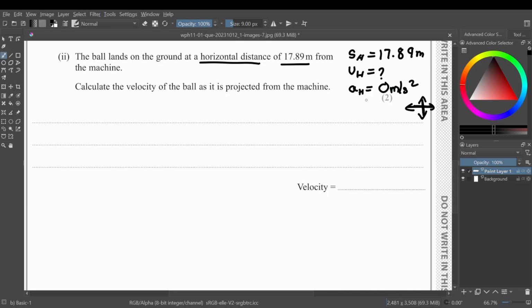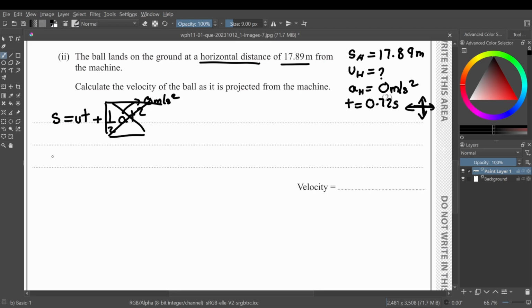Okay, so now we have time, which is basically 0.72 seconds. So from this information we can use the formula S is equal to ut plus 1 by 2 at square, right? Since the acceleration is 0 meter per second square, we can cancel this out, and then we are left with S is equal to ut.